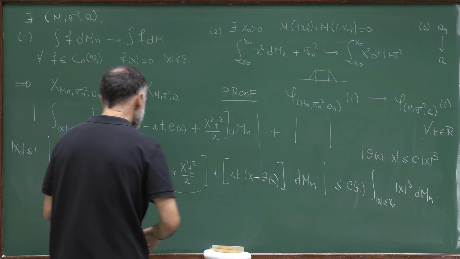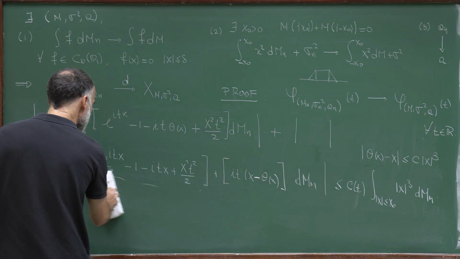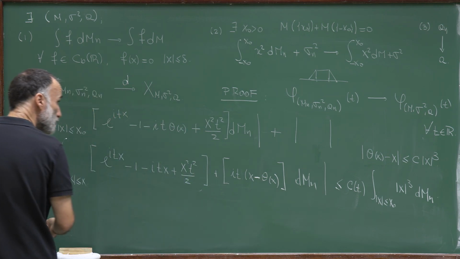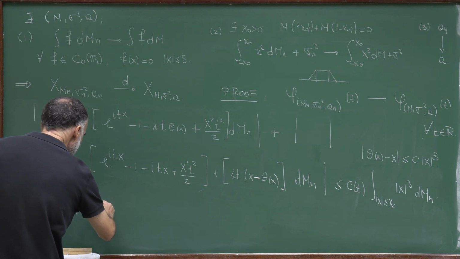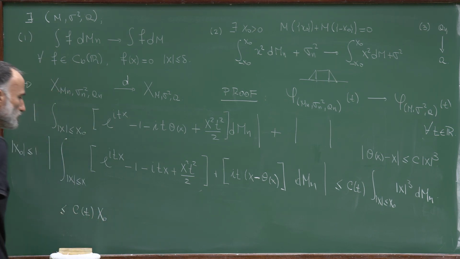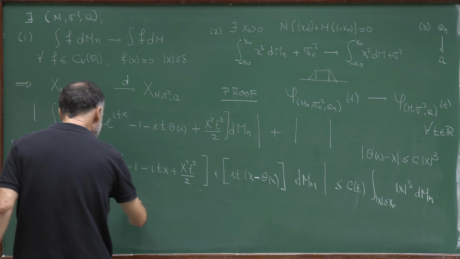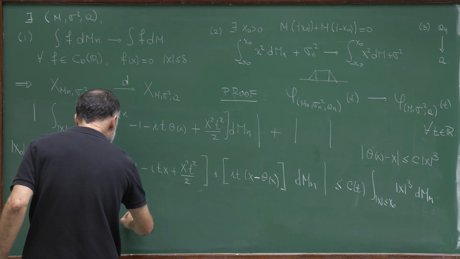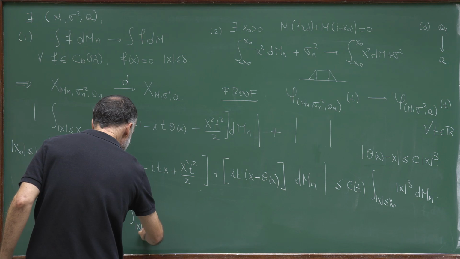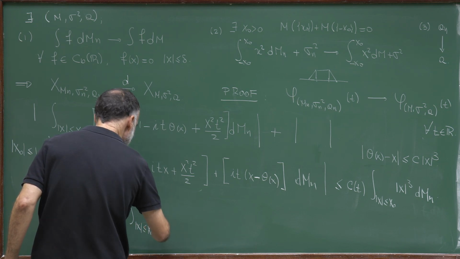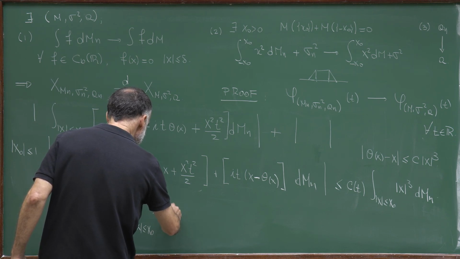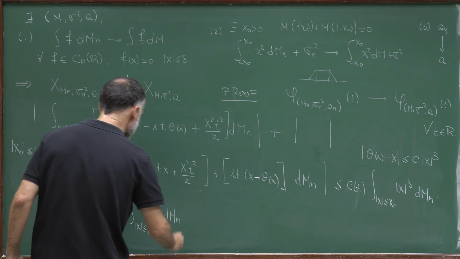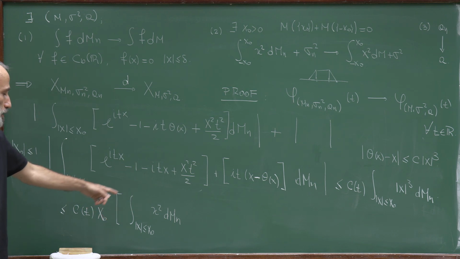Now that's perfect because I can estimate this expression by the constant C_t. Remember that x0 is positive, and this is bounded by x0 times the integral over |x| less or equal than x0 of x squared dm_n. Right, because |x| is bounded by x0, so I took x0 out.